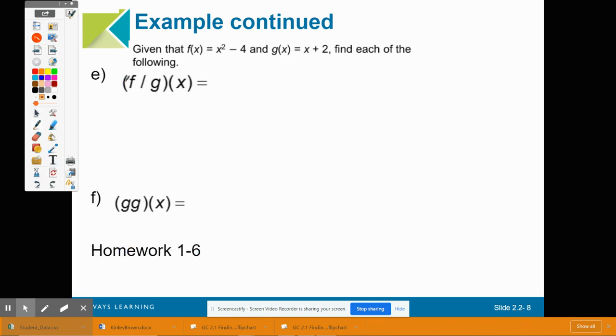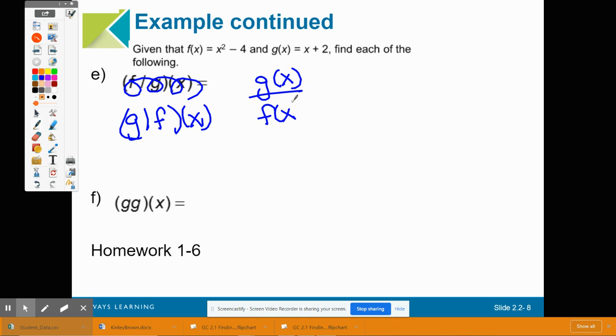What if I did, I'm going to add another one, G over F of x. That means G of x over F of x. So now I have x plus 2 over x squared minus 4. x squared minus 4 cannot equal 0. You can either factor it or say x squared equals 4.